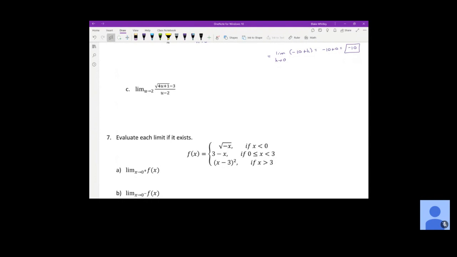Good. This is the example where we have to use the conjugate, right? We can't just plug in the 2 because that would give us 0 in the denominator. So we're going to multiply numerator and denominator by the conjugate. Remember, the conjugate here is just exactly what we have in the numerator, except there's going to be a plus instead of a minus. So we have the square root of 4u plus 1 plus 3.